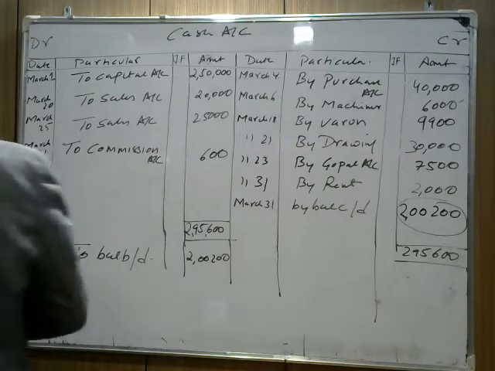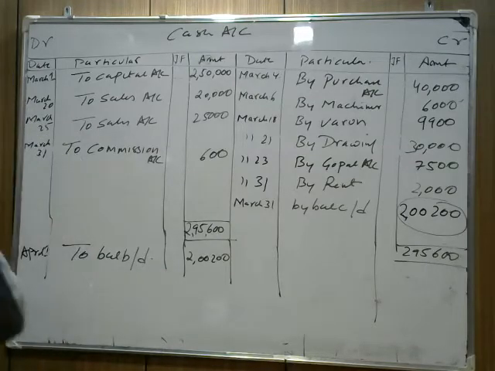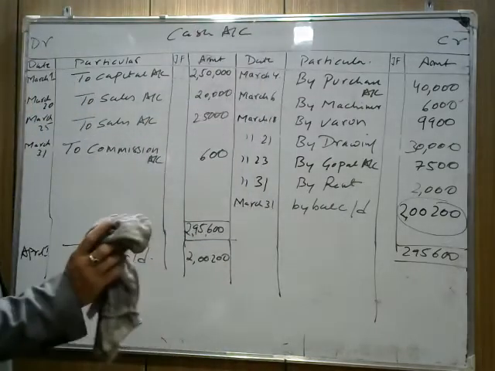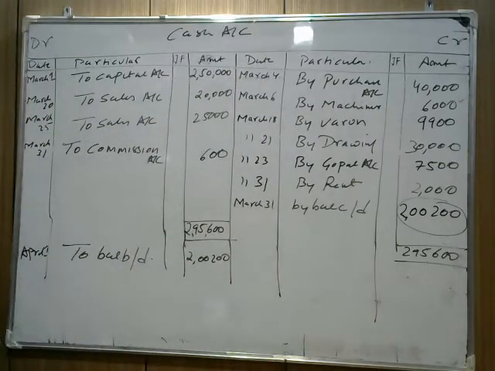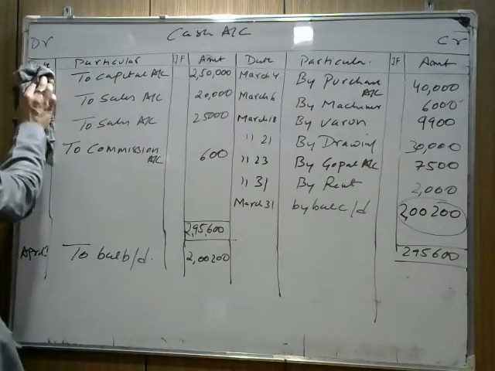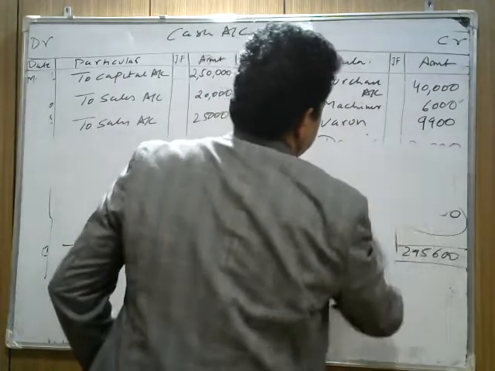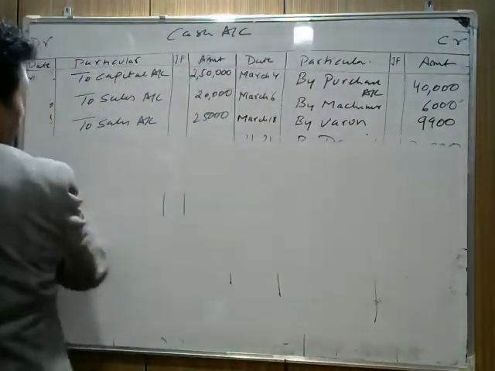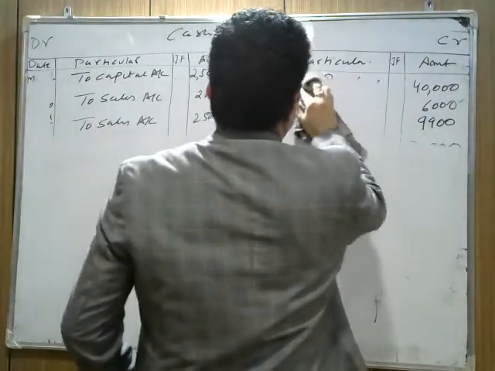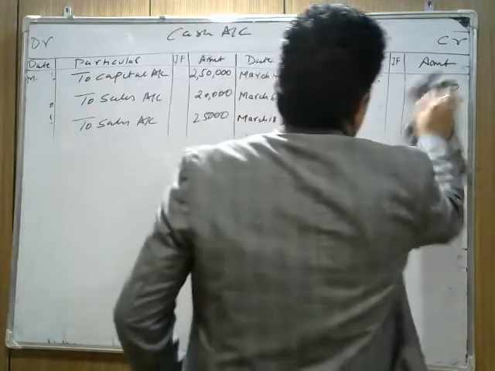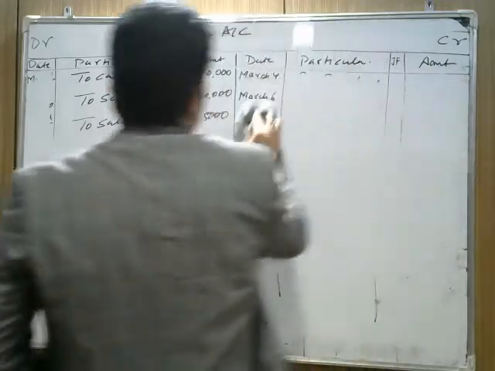Then we prepare the next ledger, which is capital. Note down this part. Then we have to prepare the next, which is capital account. Should I rub this? Take the snapshot of this. Next is capital account. Now see the transactions where the capital word is involved.